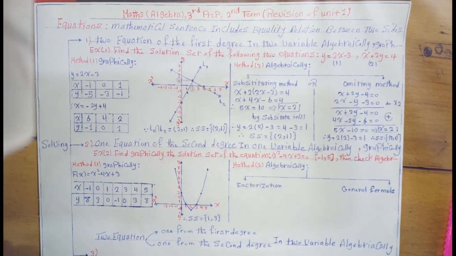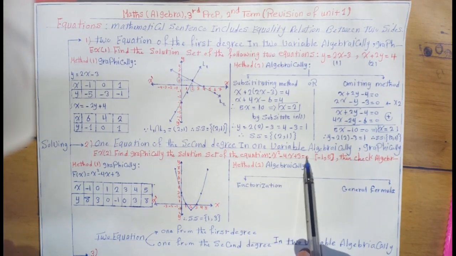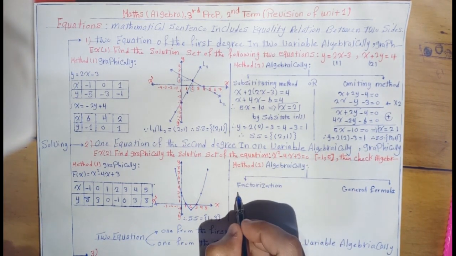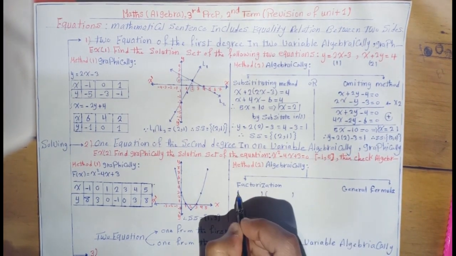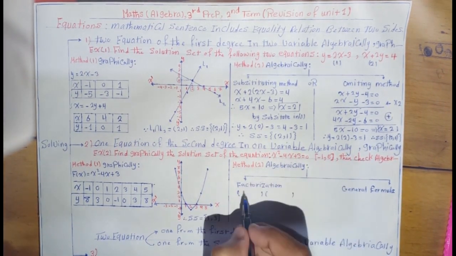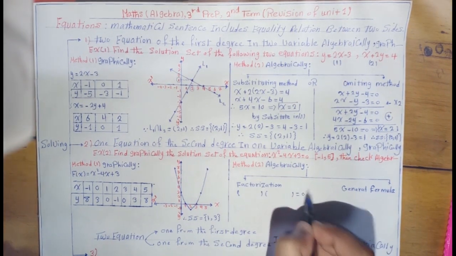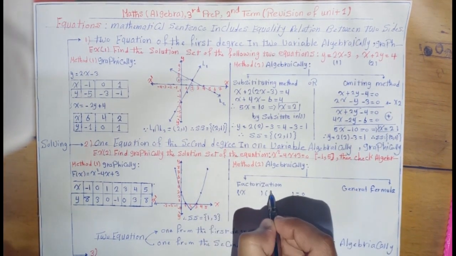We have studied before in Prep 2 factorizing trinomials. Remember with me, in factorizing trinomials, first of all, we open two brackets. X squared equals x times x.